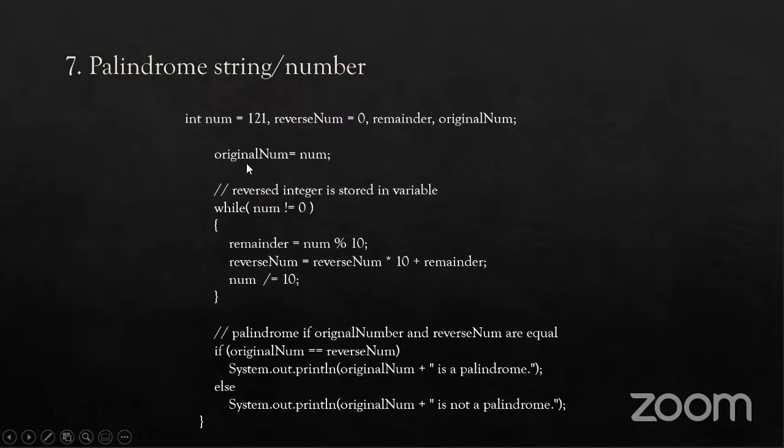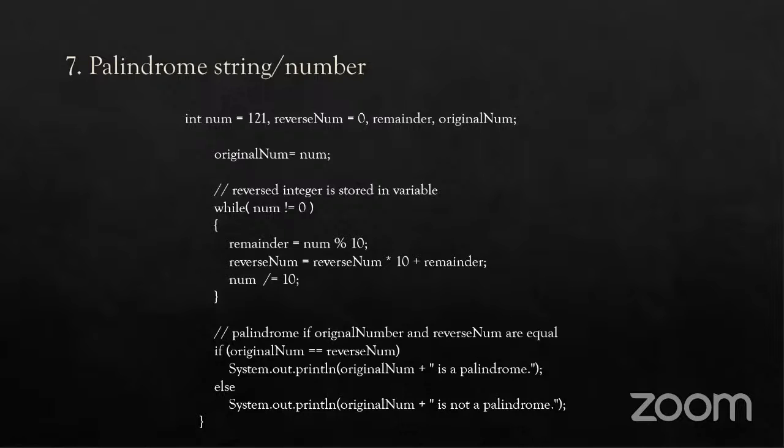So first we assign a number and then reverse it, and then check whether the original number is equal to the reverse number or not. If it is equal to the reverse number, it is a palindrome, and if it is not equal, it is not a palindrome. Okay, that's it. So that is the logic of a palindrome number.